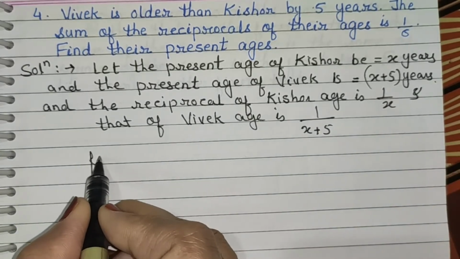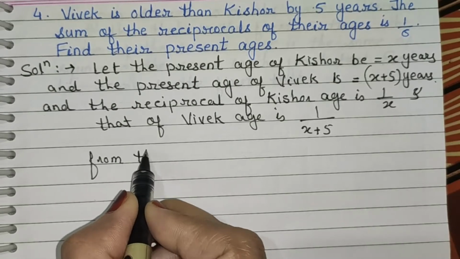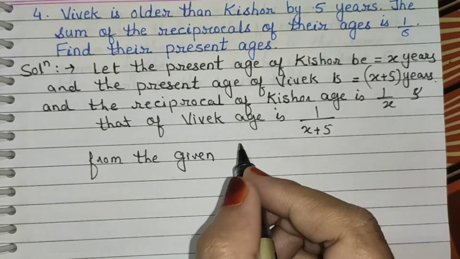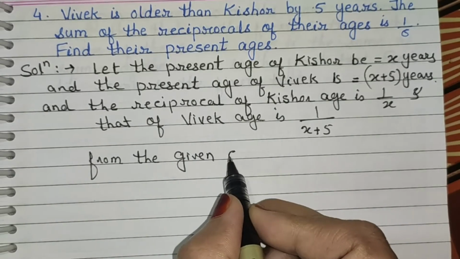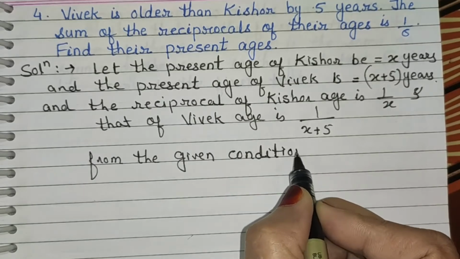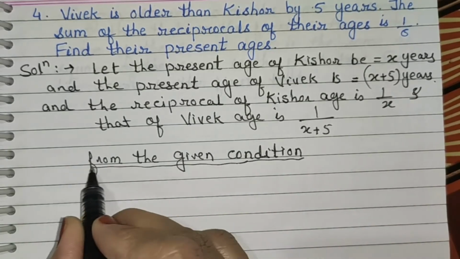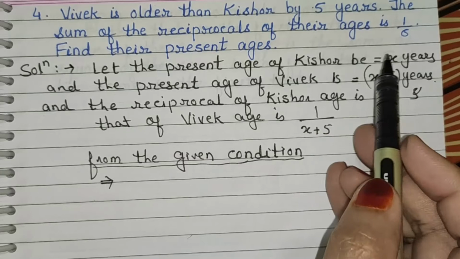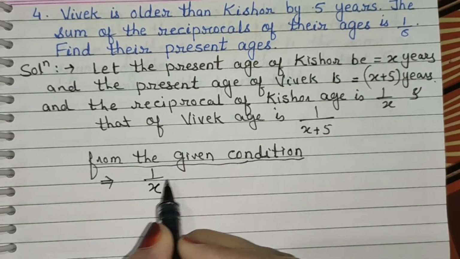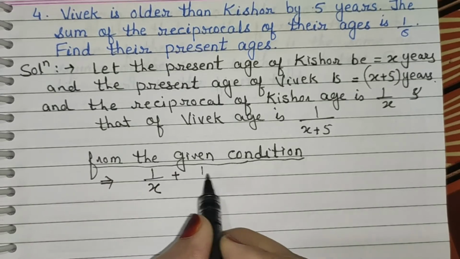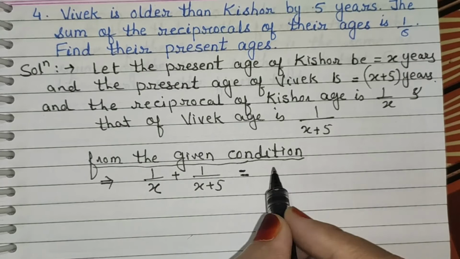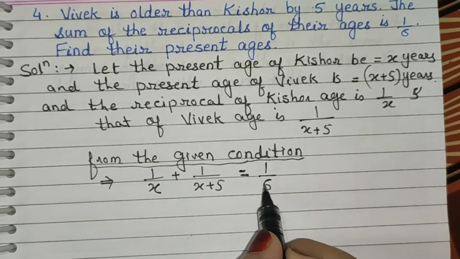Now from the given condition, sum is given. Sum is 1/6. Therefore, we can write here 1/x plus 1/(x plus 5) is equal to 1/6.